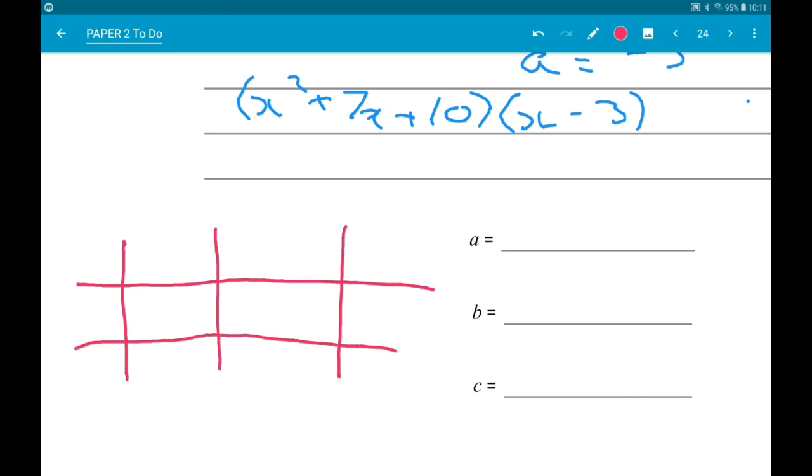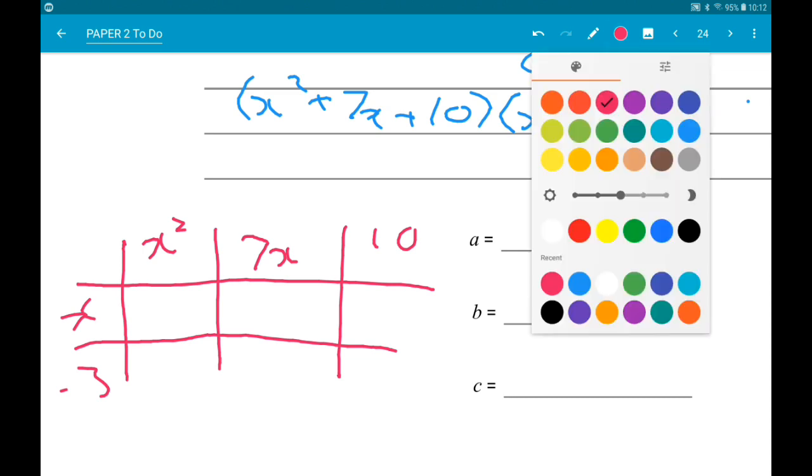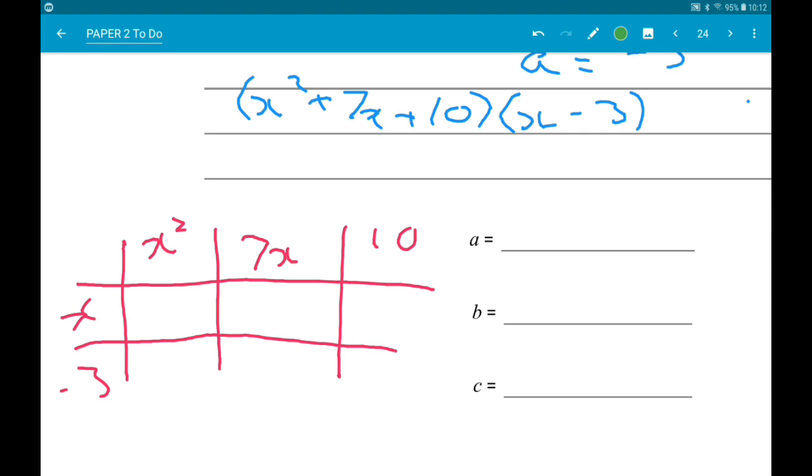So we're going to have x squared, 7x and 10 across the top, and then x minus 3 down the side. So x times x squared is x cubed. Minus 3 times x squared is minus 3x squared.